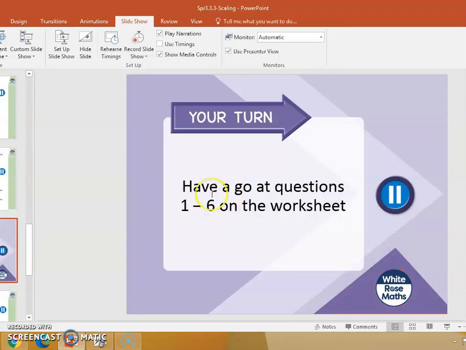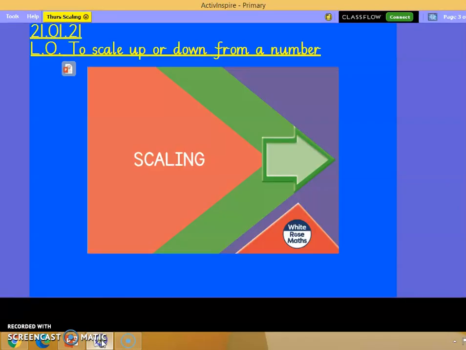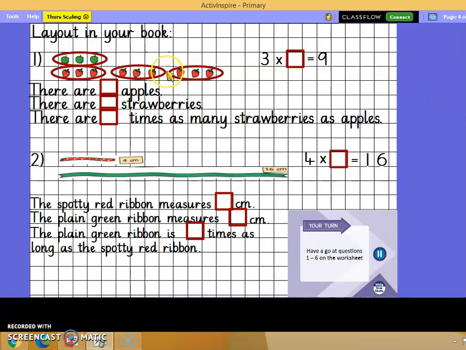Now you're going to have a go at questions 1 to 6 on the worksheet. Let me show you how to show it in your book. This is how I expect you to lay it out, using 1 in each square and laid out neatly under each other. Use our best handwriting when we do writing and lay out our calculations as normal.